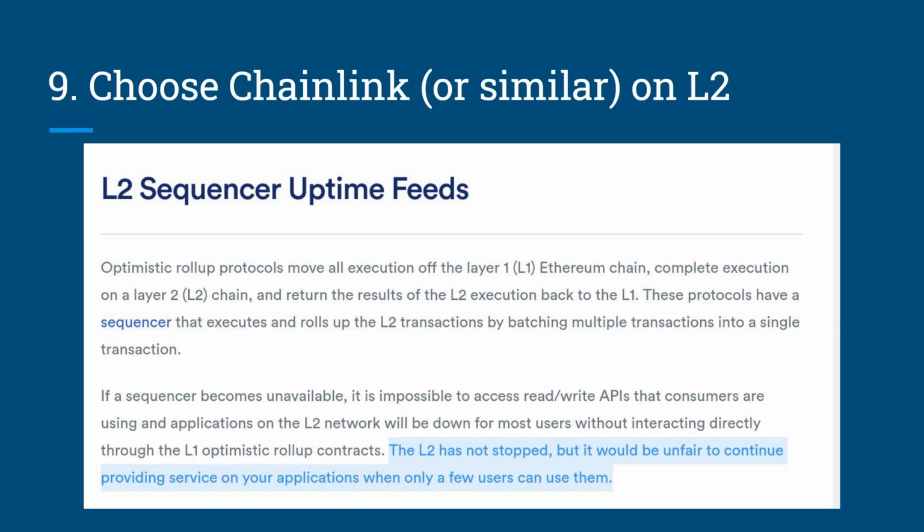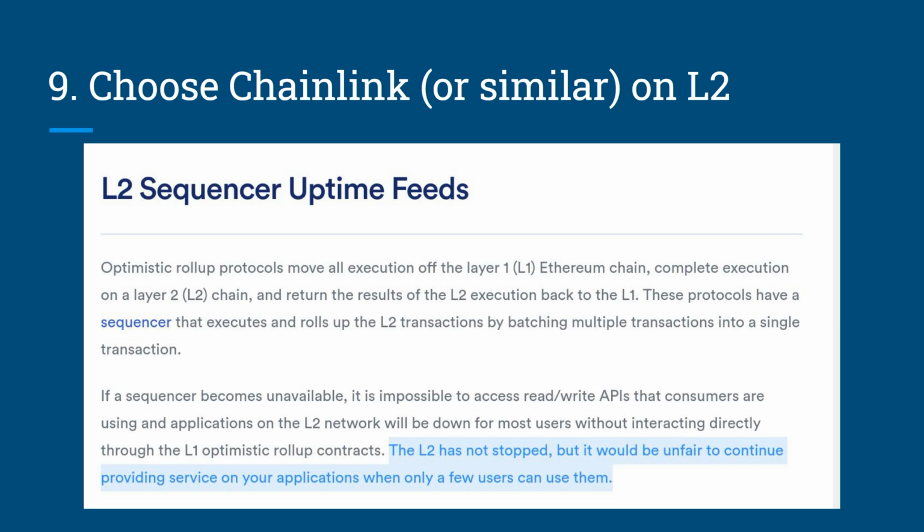Let's say you choose Chainlink, but you're on an L2. An L2 functions differently than an L1. If we take Ethereum, for example, there has not been any downtime on Ethereum for quite some time, but L2s, unfortunately, will sometimes have this experience. Chainlink documentation has a solution.